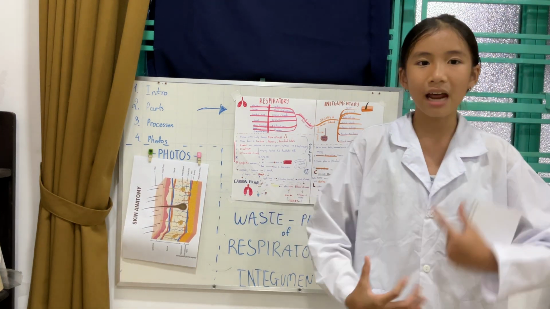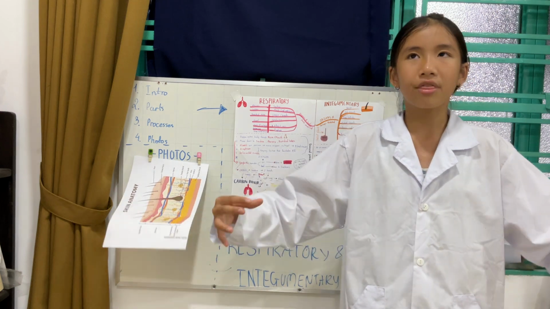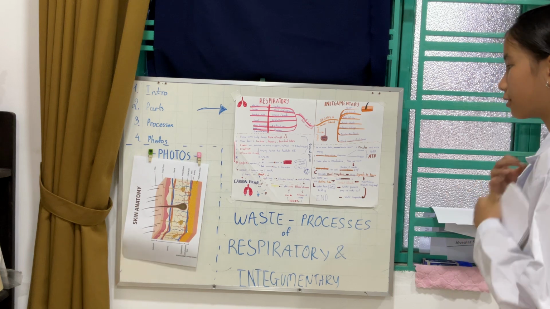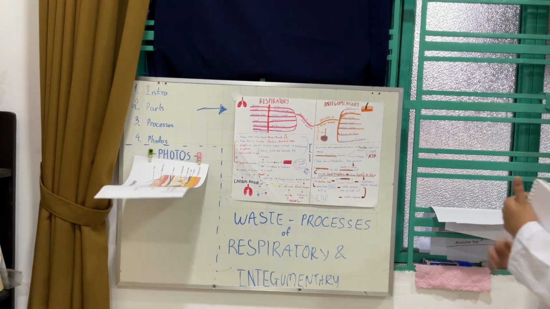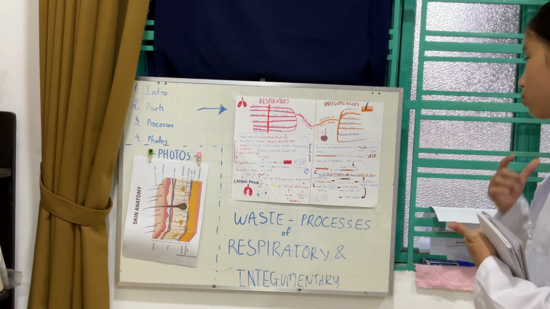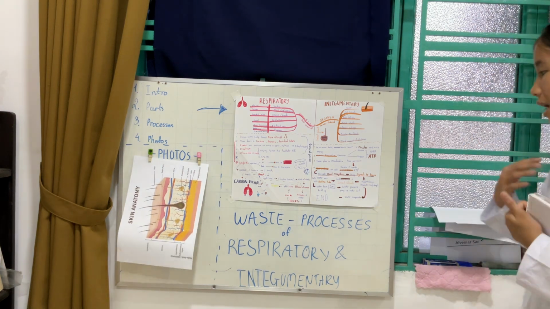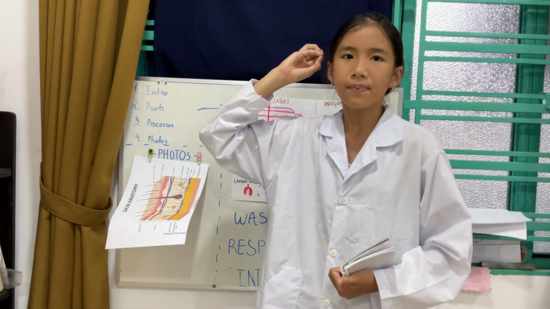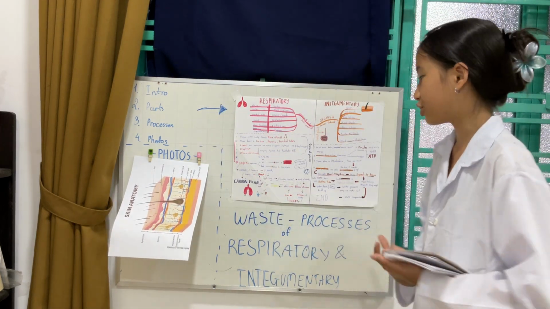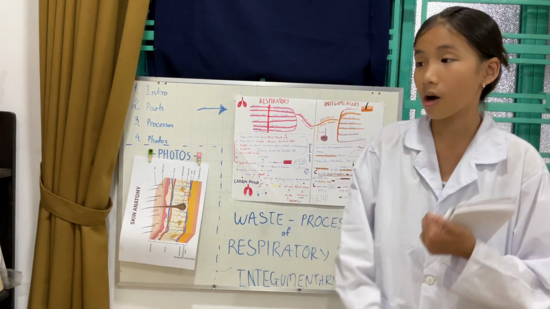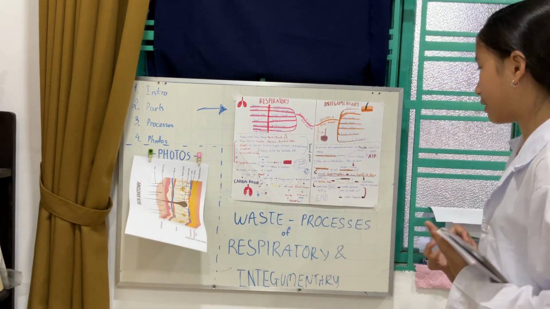When there's heat in our body, it will stimulate the heat sensors, the heat receptors, which will bring signals to our brain, specifically the hypothalamus. The hypothalamus is the part of our brain that regulates our body temperature. It helps to send signals to other parts of the body to help regulate the body temperature.